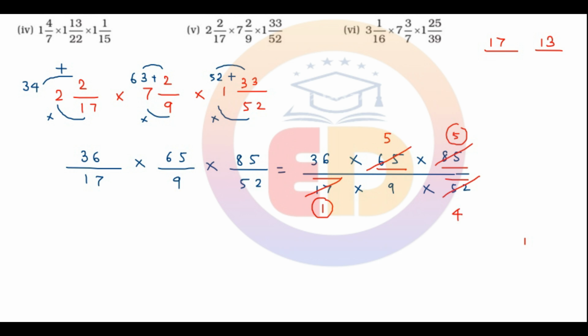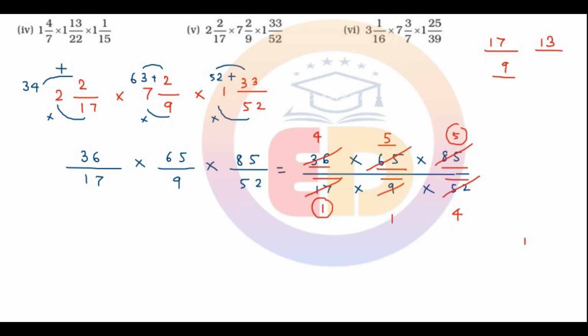When I divide 65 by 13, I get 5, and when I divide 52 by 13, I get 4. Now in the numerator I have 36, in the denominator I have 9. I can divide both 36 and 9 by 9, as 9 ones are 9, 9 fours are 36.